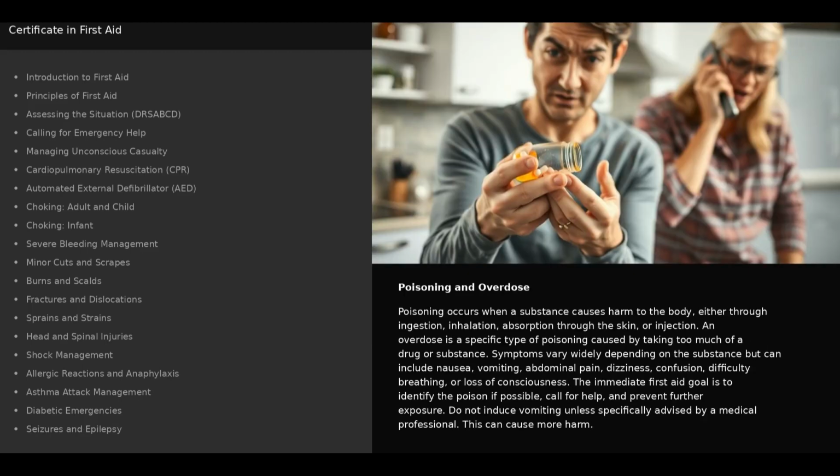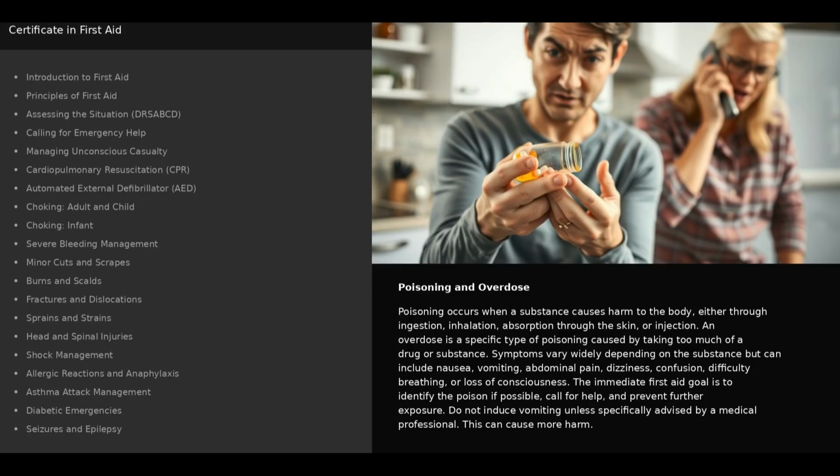Poisoning and overdose. Poisoning occurs when a substance causes harm to the body, either through ingestion, inhalation, absorption through the skin, or injection. An overdose is a specific type of poisoning caused by taking too much of a drug or substance.